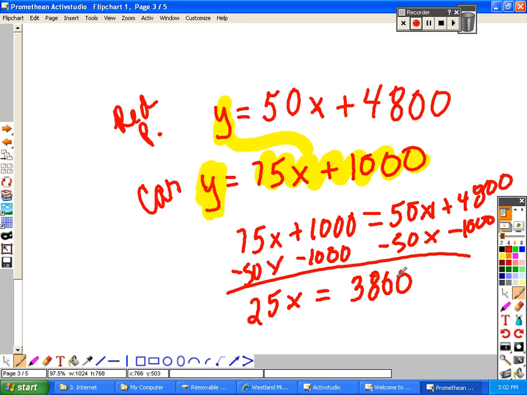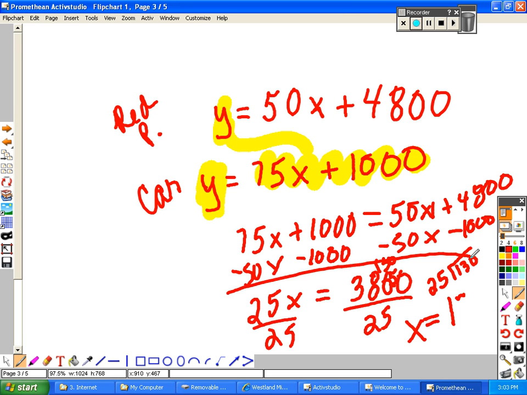Which equals 3,800. Now I'm going to have to divide by 25 on both sides. And 25 goes into 3,800... 25 goes into 130 5 times, which is 125.